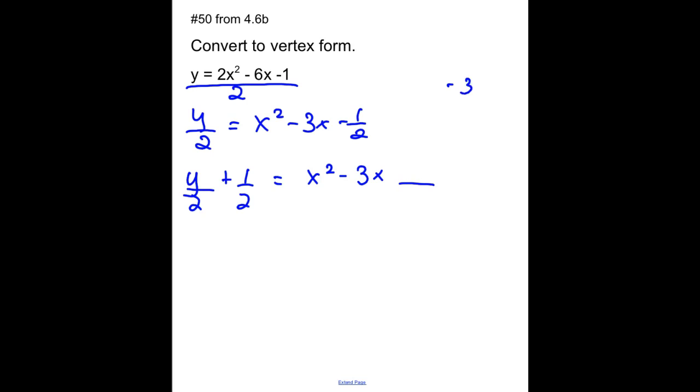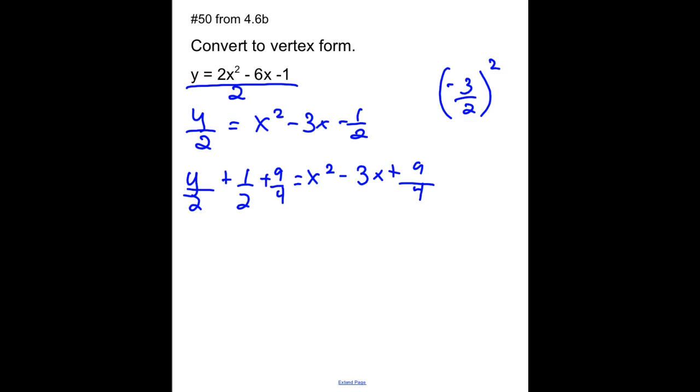We take negative 3 divided by 2 squared. When you have a fraction and you're squaring it, just square both numerator and denominator. So we end up with 9/4. So I'm going to add a 9/4 to both sides. All right.